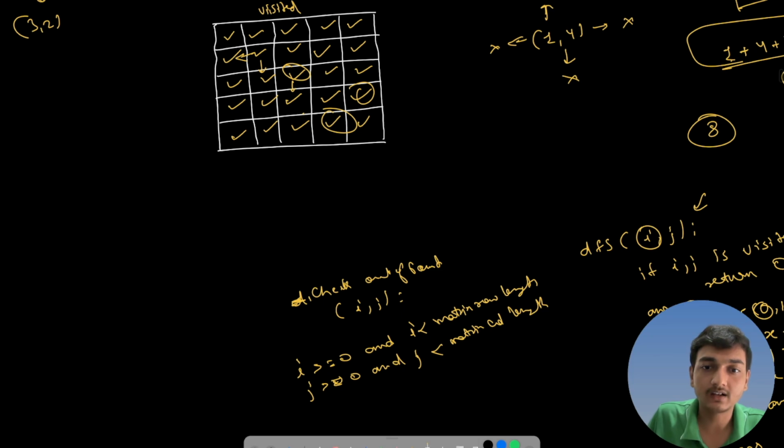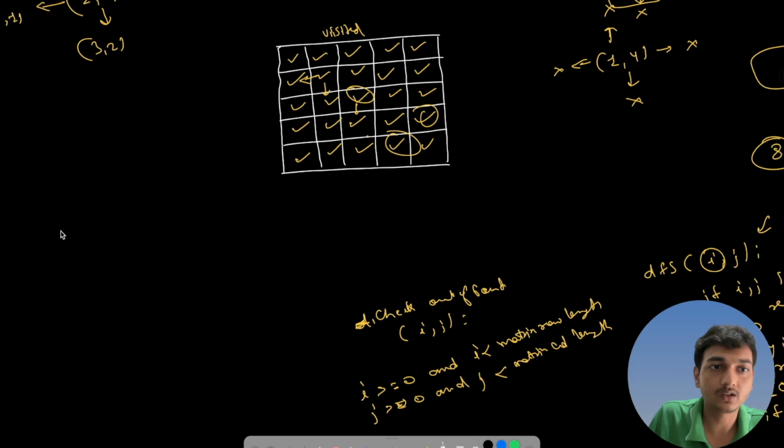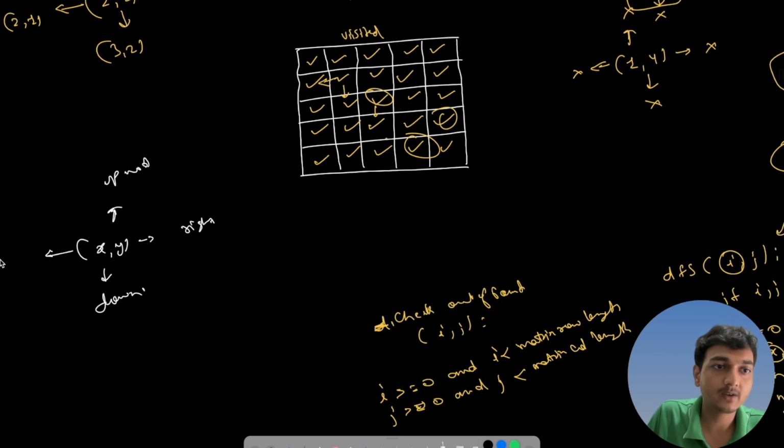Let me write something beautiful here so that we can visualize. So let's say I'm on X, Y. This is my right node, this is my up node, this is my down node, and this is my left node.